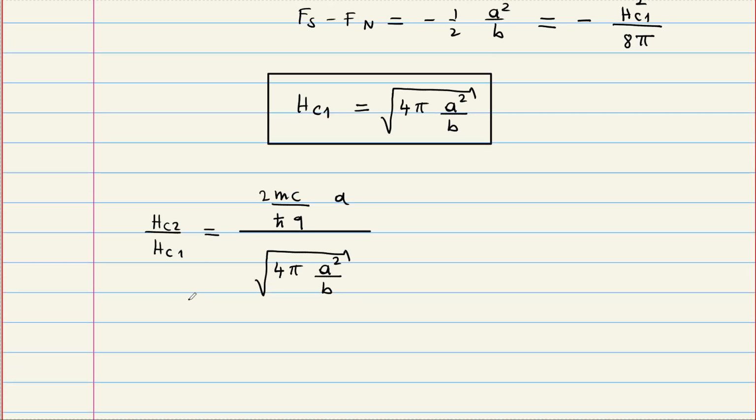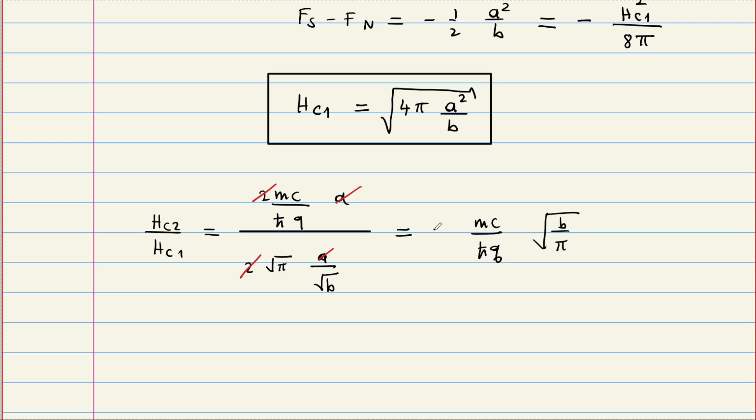I'll take 2 outside, this is root pi, this is A, and this is going to be root B. I'll cancel this A with this A, and cancel these 2 with these 2, and I have mc over h bar q times root of B over pi.